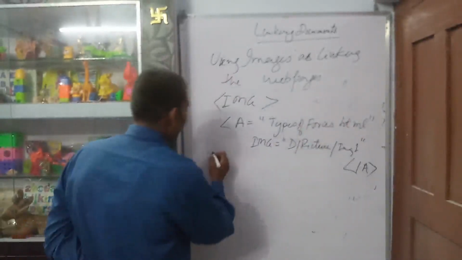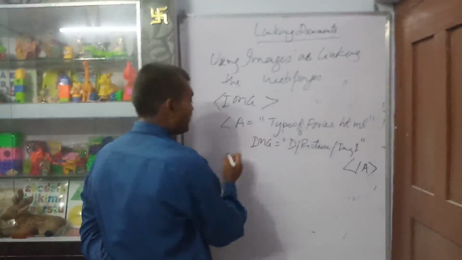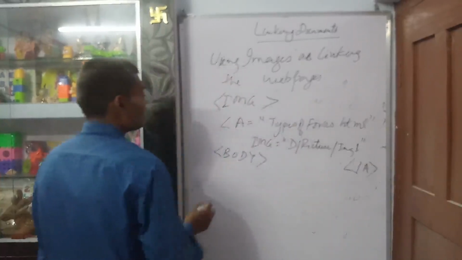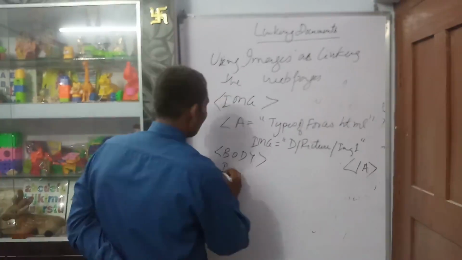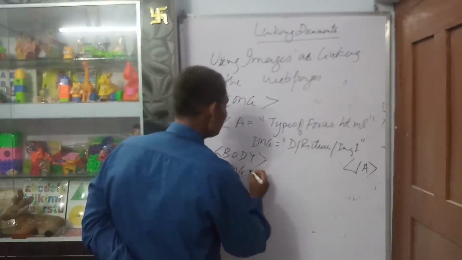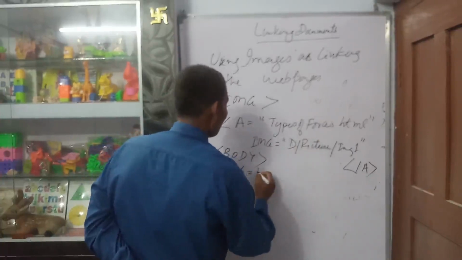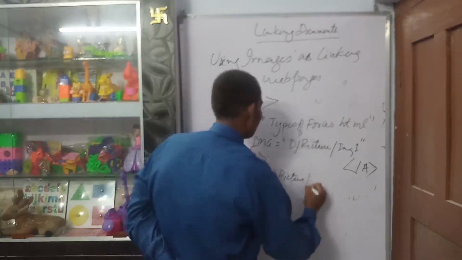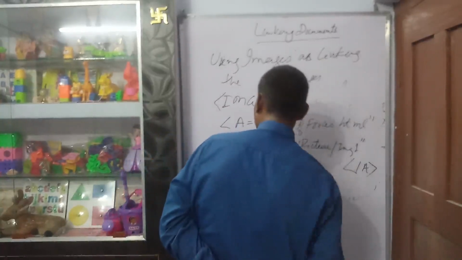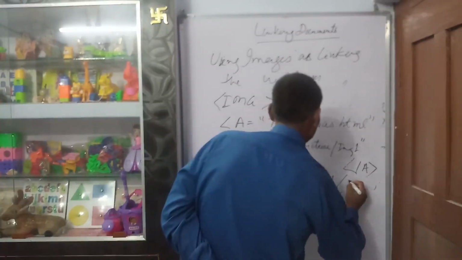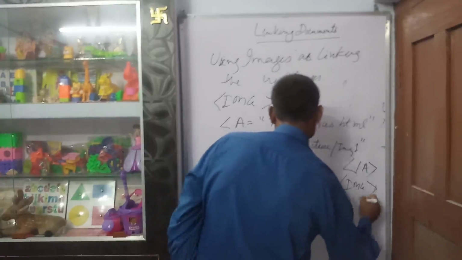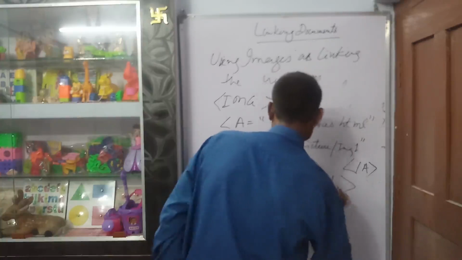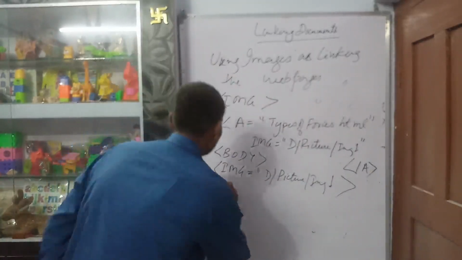The second method of using the img tag is to use it within the body tag. In the body tag you write img equal to, give the source of the image, that is D:/picture/img1, and close this img tag, and close the body tag also.